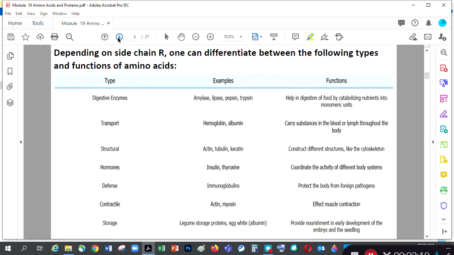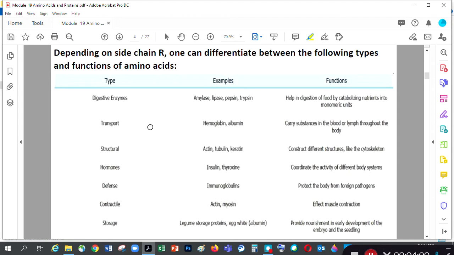Depending on this side chain R, one can differentiate between the following types and functions of amino acids. For digestion, we have the digestive enzymes amylase, lipase, pepsin, and trypsin.